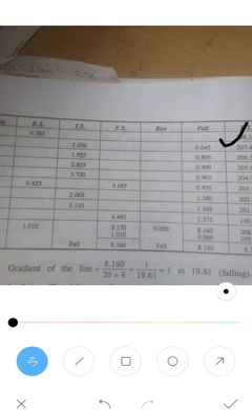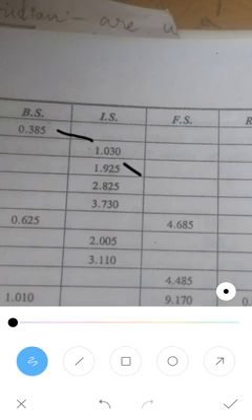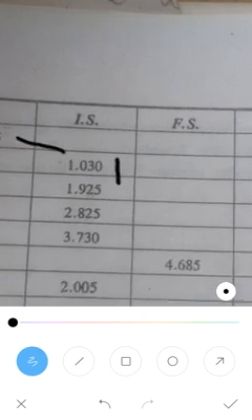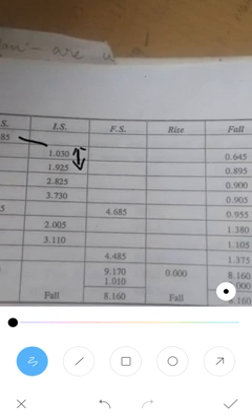You have taken the difference between these two. Now the flow is not in this direction, so you take the difference between these two, 1.925 minus 1.030. That difference is 0.895.